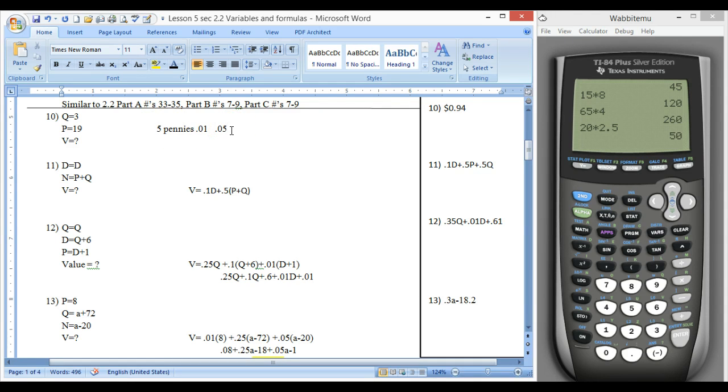I know you're adding it in your head, but we can break it down by saying 5 times 0.01 will give me the value of all 5 pennies is 0.05. So I know they go through a whole lot of information in your book, giving you the equations or whatever. You really don't need those because you know how much quarters, pennies, dimes, and nickels are all valued at.